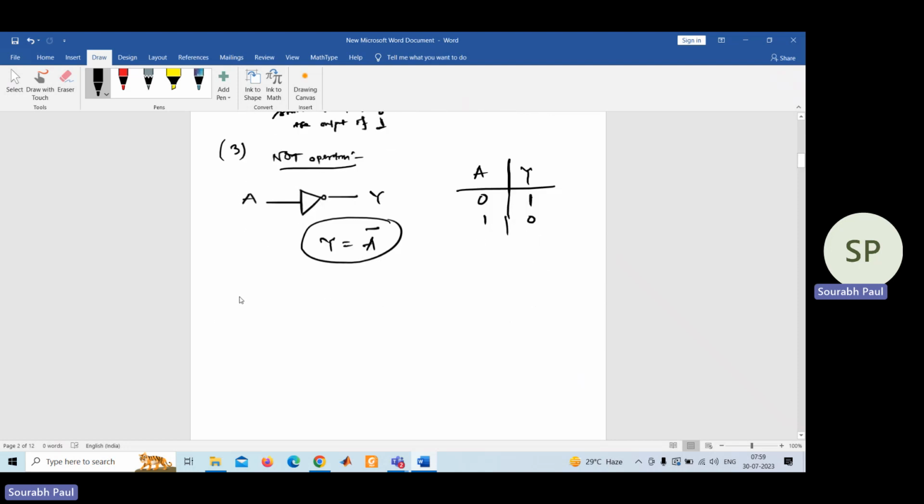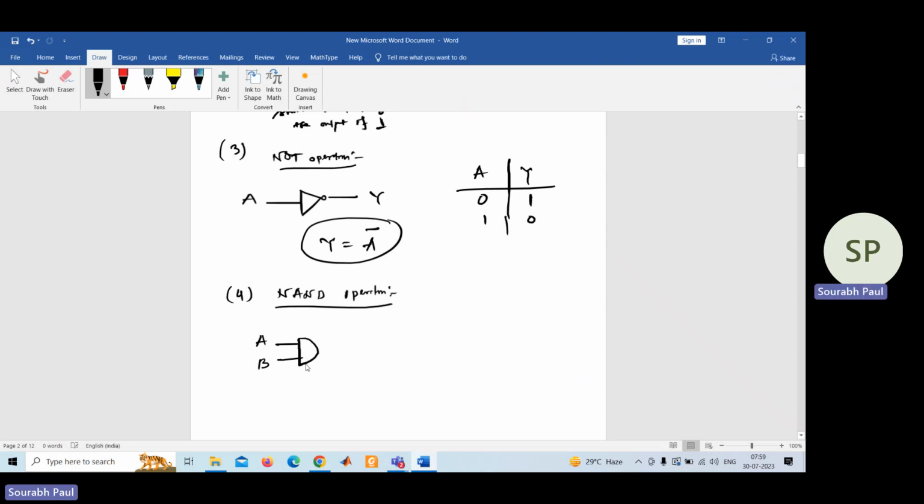Now we'll come to the next operation, that is known as NAND operation. So NAND operation is just the AND operation you have understood, and you have to use the NOT concept along with the AND operation, and this is known as NAND. So NAND gate is drawn this way: A and B are the inputs.